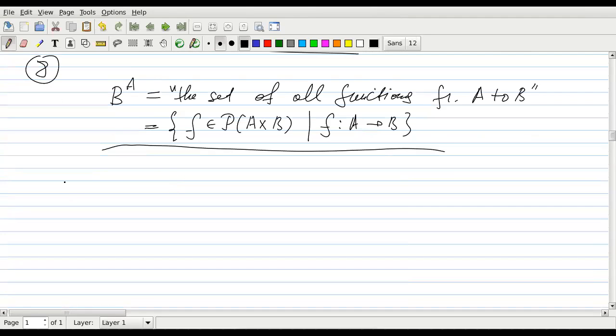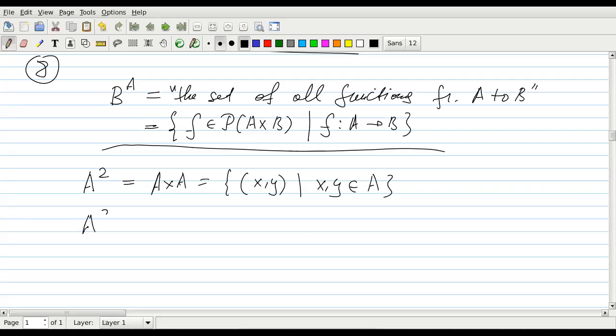What is A to the power 2? Where 2 is just a natural number. What does it mean? The Cartesian power of a set. A times A. So this is just the set of all ordered pairs of the elements from A. Is it clear? Yes.